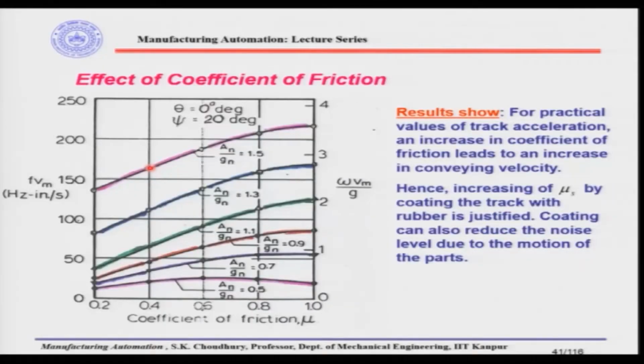That is another conclusion. Next, we discussed the effect of coefficient of friction. The more the coefficient of friction, the more the conveying velocity of the ball feeder will be. Therefore, there is a point in coating the track with rubber or some material, so that the coefficient of friction could be more.